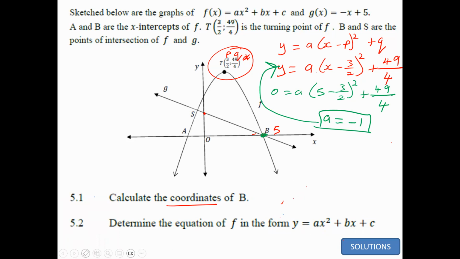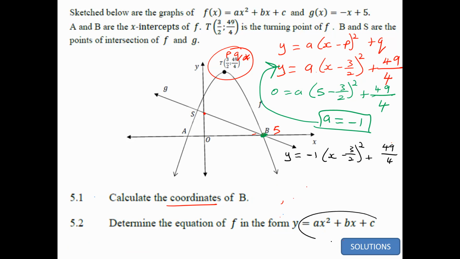So we have y is actually equal to a, which is minus 1, into x minus 3 over 2 all squared plus 49 over 4.